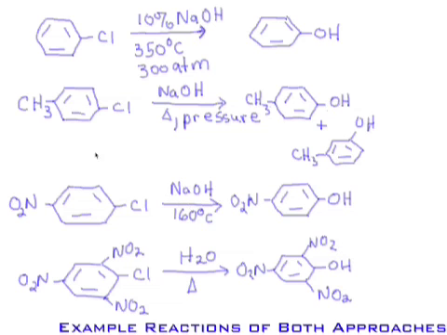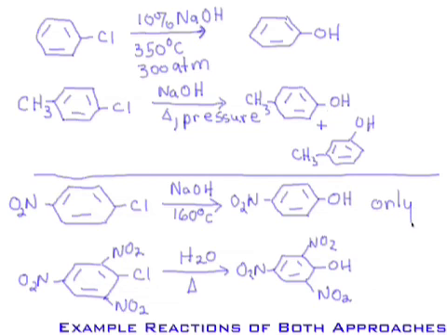If we compare this to a situation when we have electron withdrawing groups on the ring, you get only substitution where the chloro was. You get only this guy and only him.